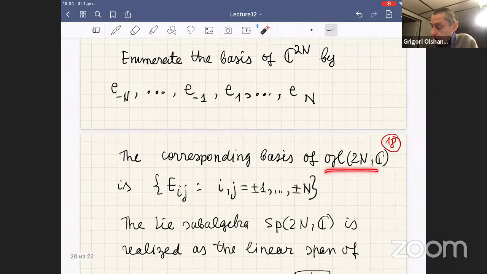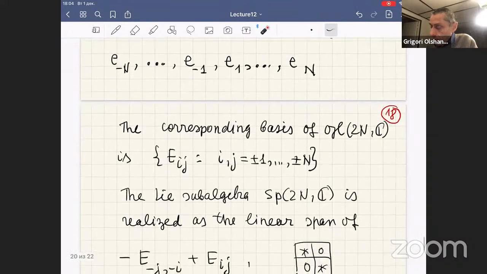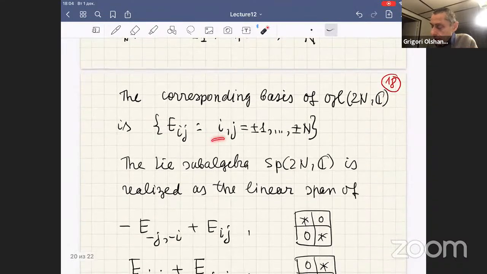And in the GL_N, we have matrix units where i and j are ±1 up to ±n. But below, I will use i and j only. I will assume that i and j are only +1, 2, and up to n.